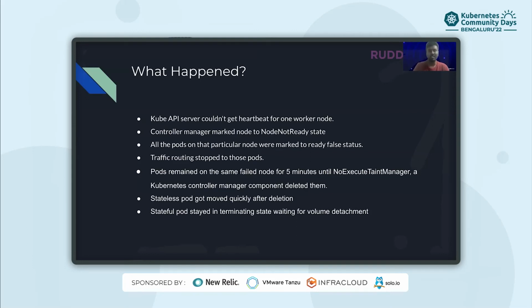The actual EC2 instance was running until that time, but it looked like the network got disconnected on that node. So it went completely dark. When this happens, the controller manager waits for a couple of minutes, and then it marks the node in not ready state.